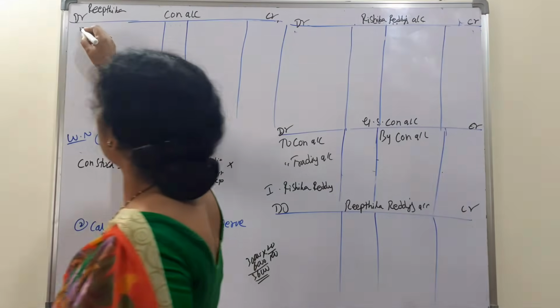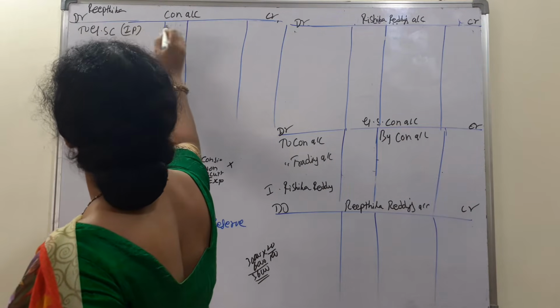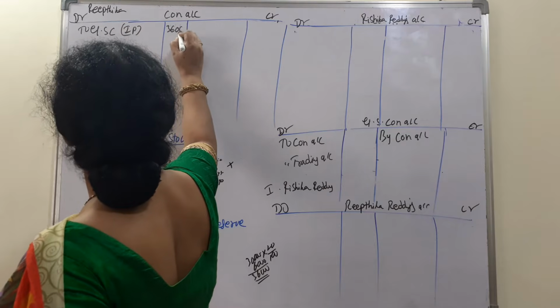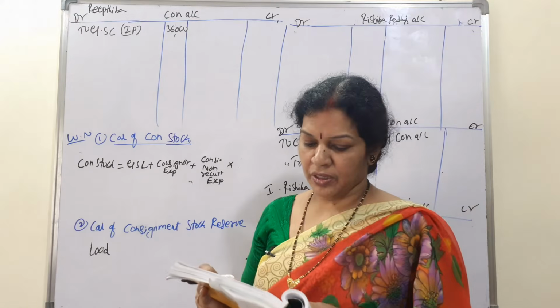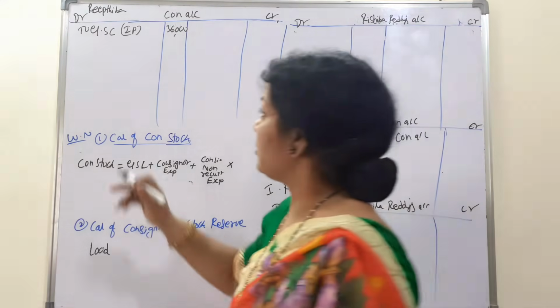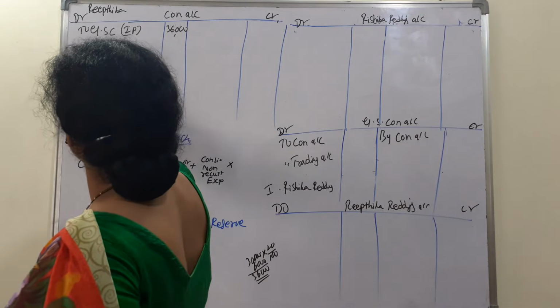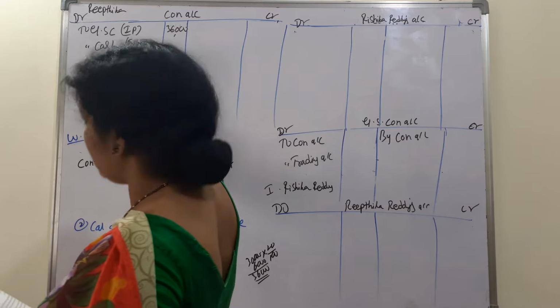So we'll say to goods sent on consignment, invoice price 36,000. And Rectification Reddy paid transport and insurance charges of 800. When Rectification paid in cash, in brackets we'll say expenses, it is 800.